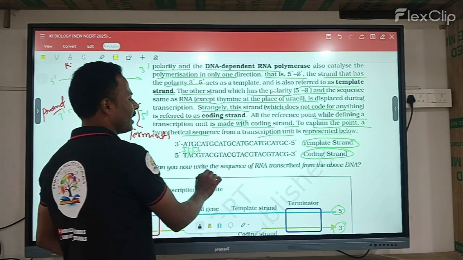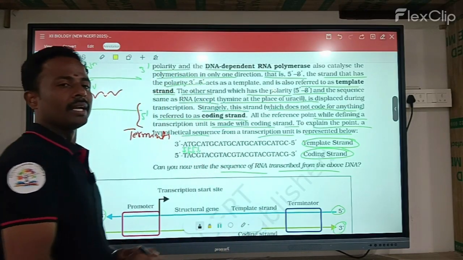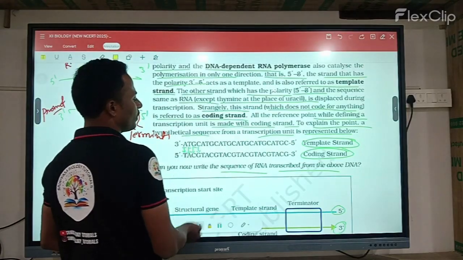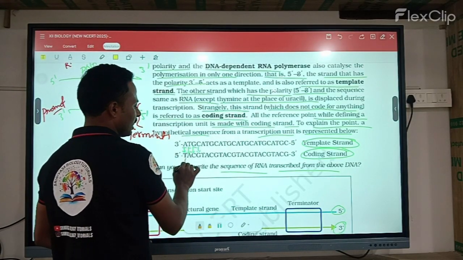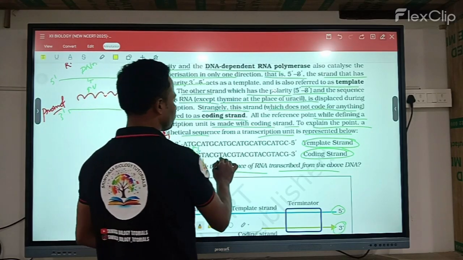Here you can write the sequence of the RNA transcribed from the DNA. It is very simple: wherever thymine is present, uracil binds instead.